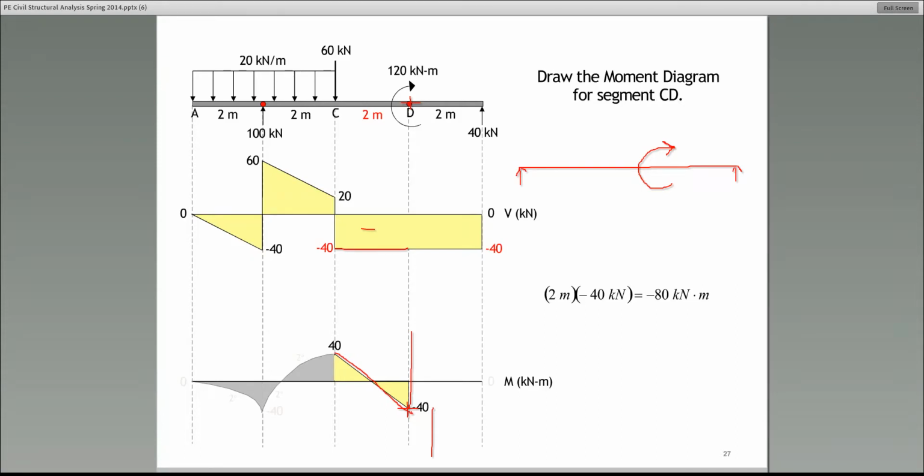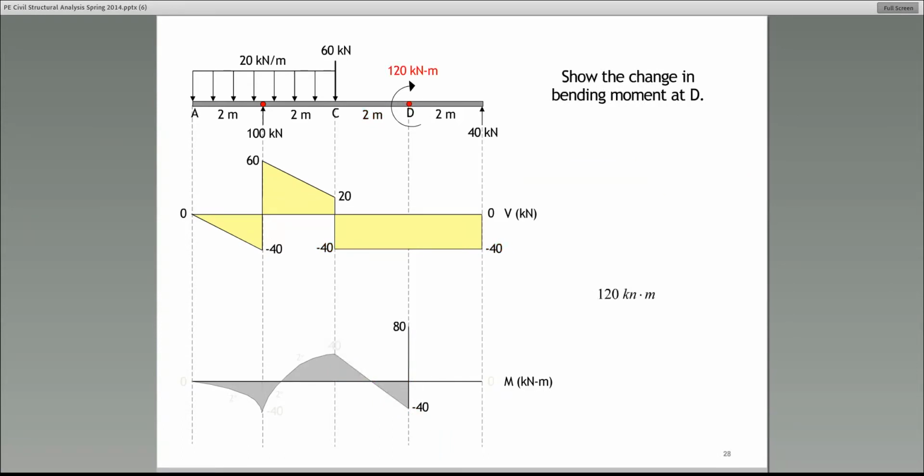If that moment is clockwise, treat it as a positive moment. If it's counterclockwise, treat it as a negative moment. In this case, it's clockwise. Therefore, its effect is going to be an abrupt change in the positive direction.